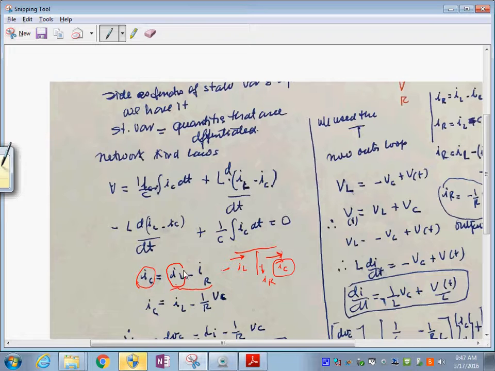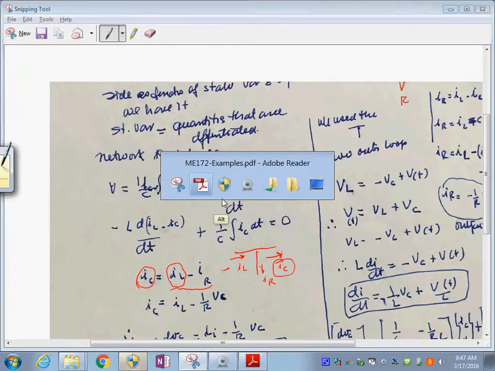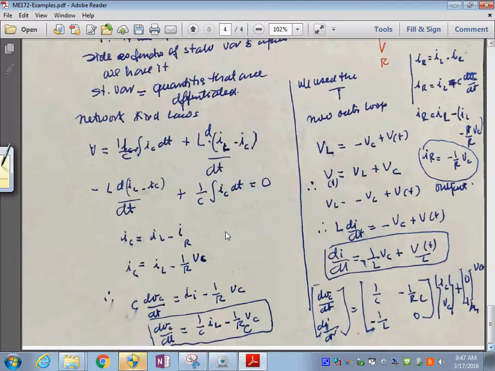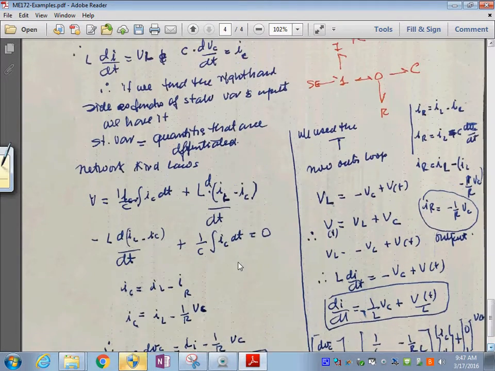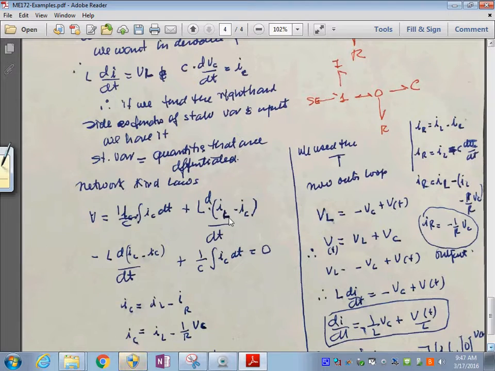See? And to do the second one, when you do this kind of example, we consider this loop, or we can consider the loop outside.